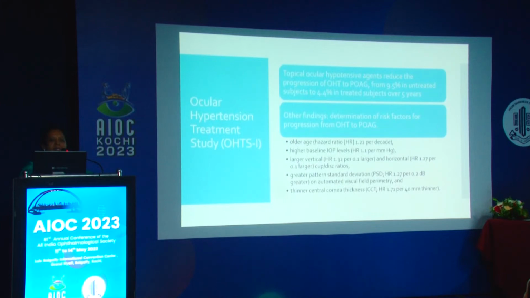The ocular hypotensive agents, in fact, reduce the risk of progression of OHT to POAG from 9.5% in the untreated subjects to 4.4% in the treated subjects over a period of 5 years. They also found five major risk factors in their prediction model: one was age, second IOP, third the vertical cup disc ratio, fourth the pattern standard deviation, and the fifth the CCT.